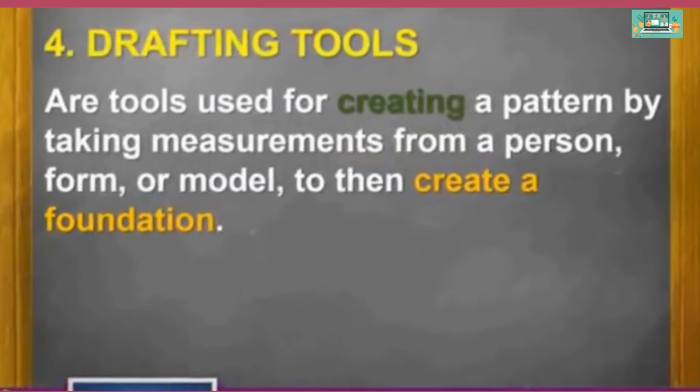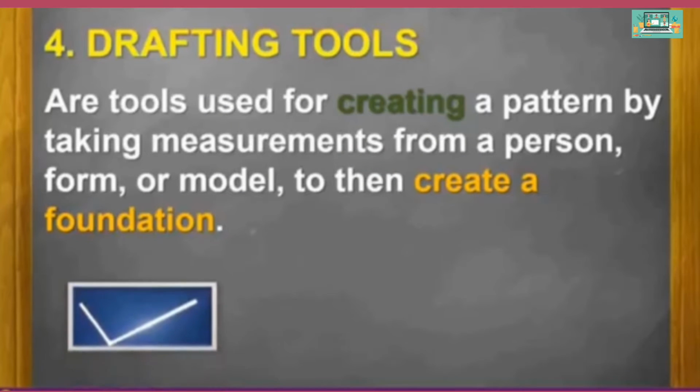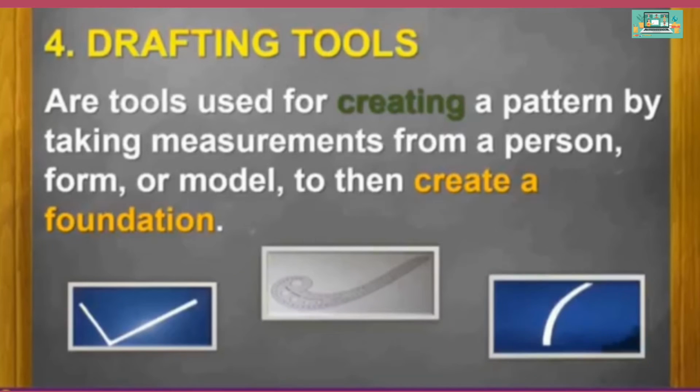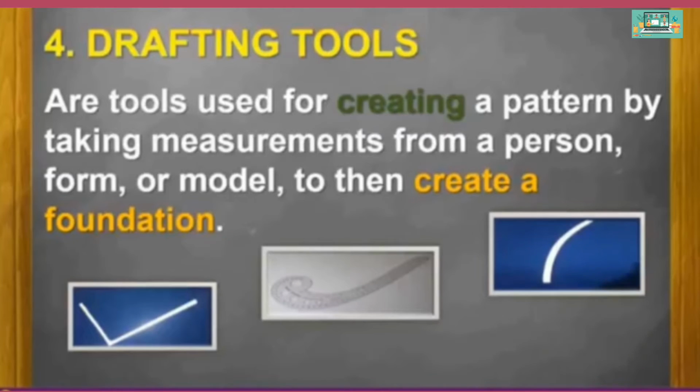The 4th classification is the drafting tools. Drafting tools are tools used for creating a pattern by taking measurements from a person, form, or model to then create a foundation, a pattern used as a basis for the design.